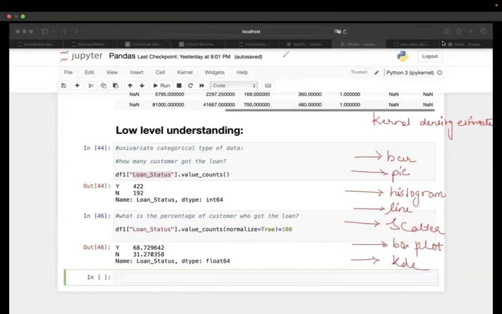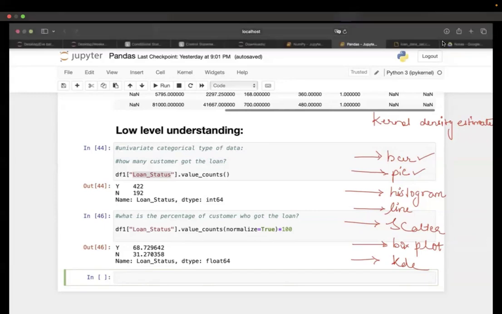Here you can see I want to distinguish among two values of a single column. I want to show how many yeses there are, how many no's there are. So whenever I want to distinguish among two values of a single column, I always go with a bar or a pie chart. These two are perfect graphs for distinguishing values. How are we going to create it?